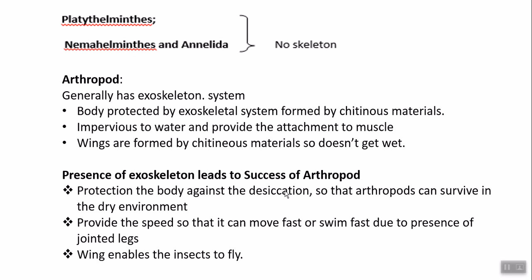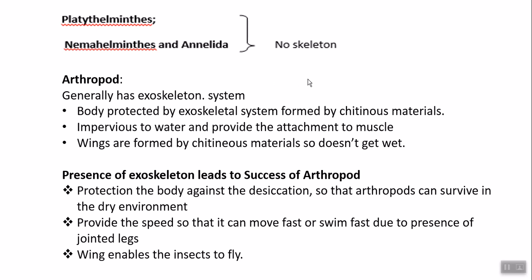Platyhelminthes and the nemathelminthes and the annelids have no skeletons at all. We have not seen any skeletons in this group of animals. So all the worms do not have a skeletal system.